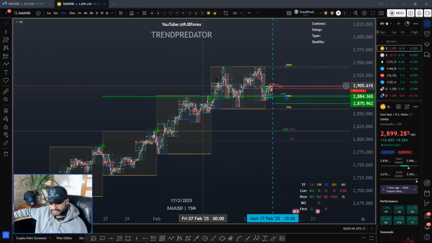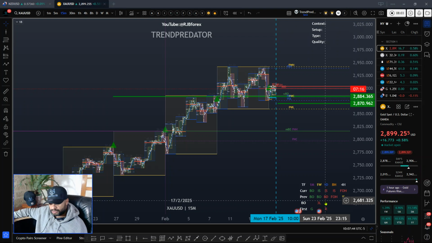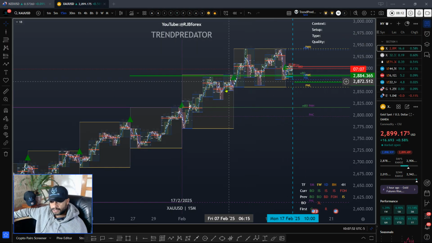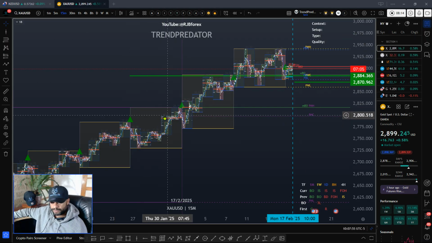But in this case, as you can see, we've got 3 weeks. Okay, 3 weeks of longs in a row. So last week, the week before, and the week prior. Okay, so 1, 2, 3.